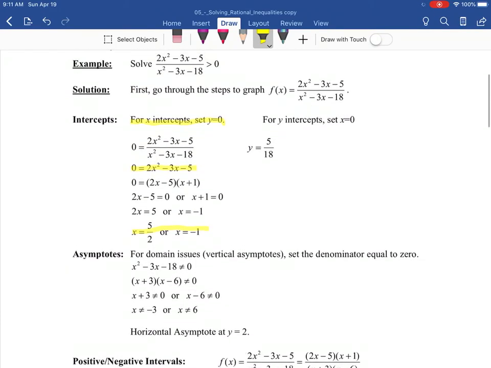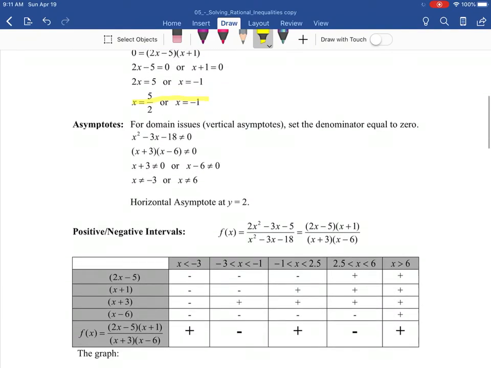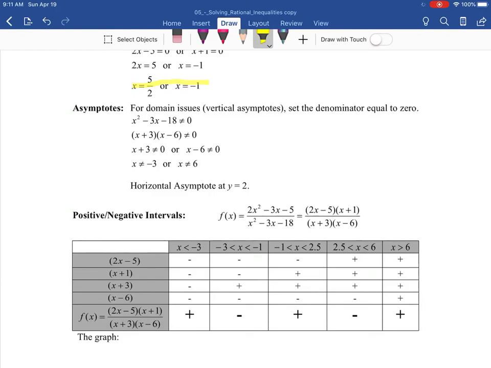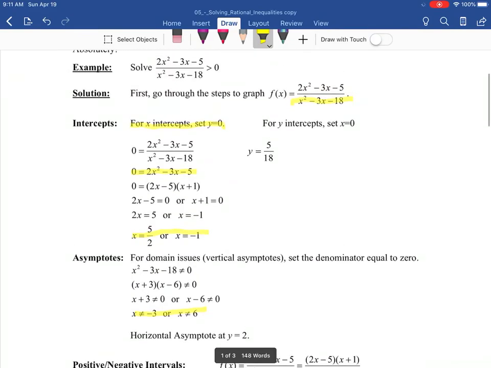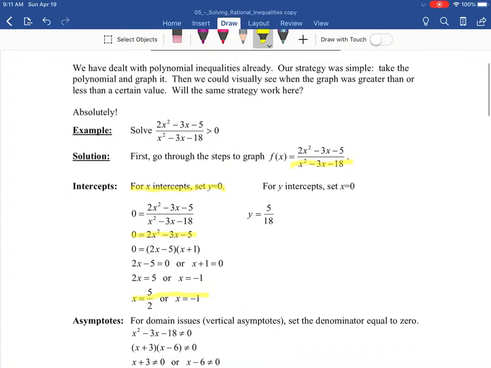For domain issues, vertical asymptotes, we set the denominator equal to 0. The denominator is up here, x squared minus 3x minus 18. These were the restrictions, as we used to call them in grade 11. And so I factored here. You might have to use the quadratic formula on one of these questions when you get down to a quadratic like this, but this one happens to factor, and I get 2 vertical asymptotes.